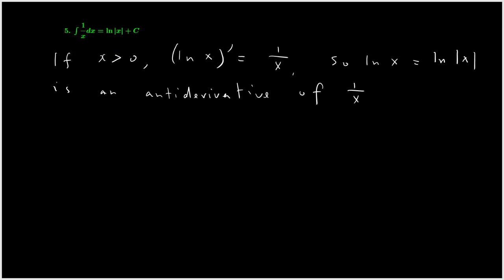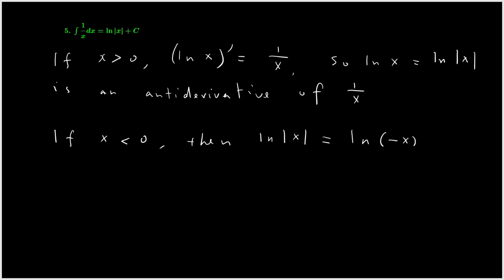So now let's say x itself is negative, and take a look at this. Natural log of the absolute value of x. You just imagine x is a number like -5, or -10. Natural log of the absolute value of x is actually, in this particular case, natural log of -x, because x itself is negative.